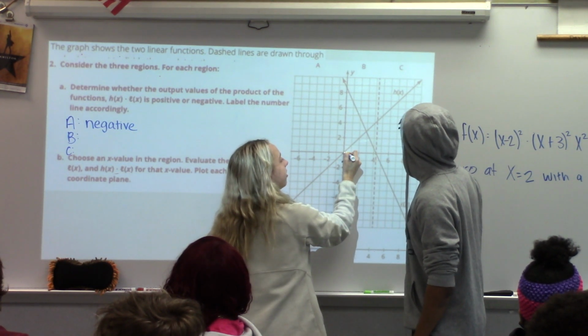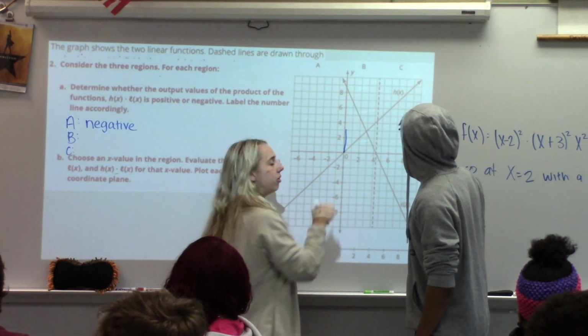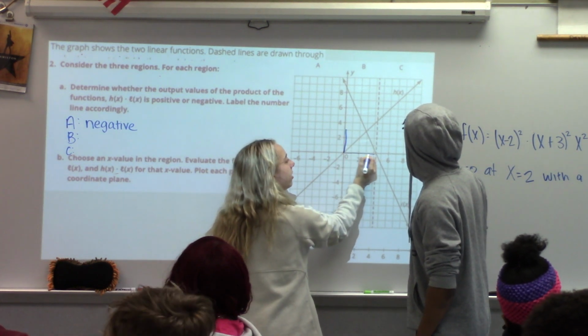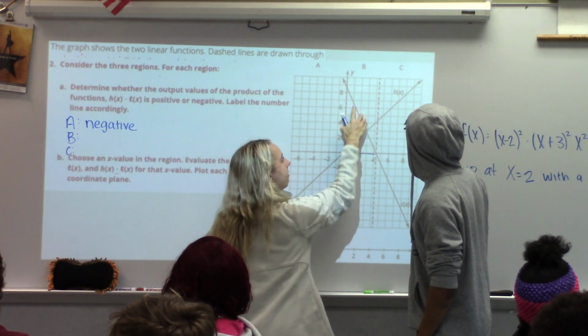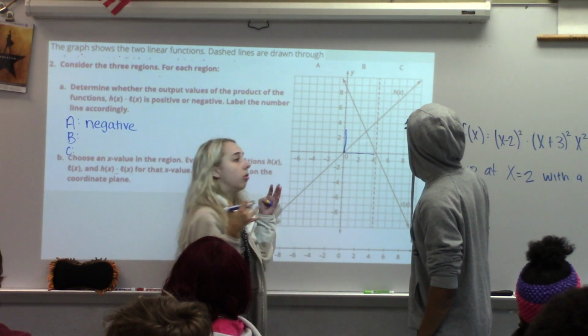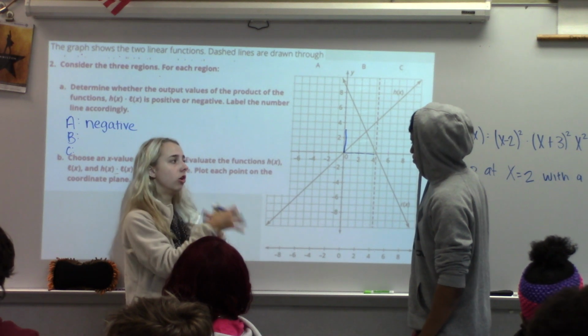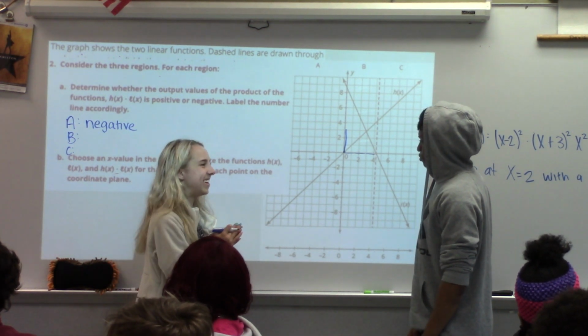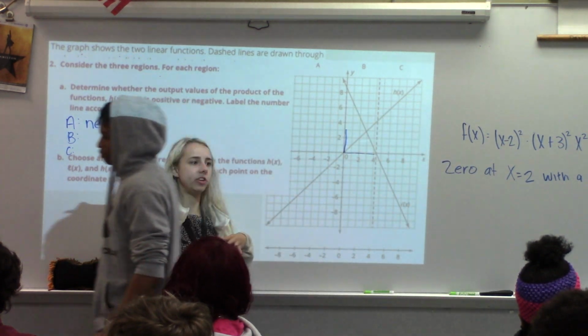Right, they're both positive because we're talking about the outputs, these y values. So for all the x values in between these regions, we have positive y values for both of the functions. When we multiply those together, we get a positive number, okay?